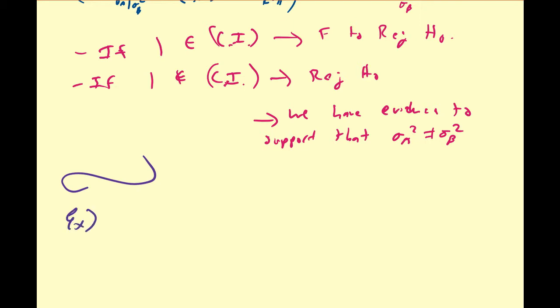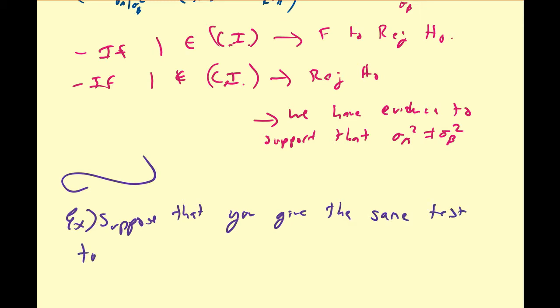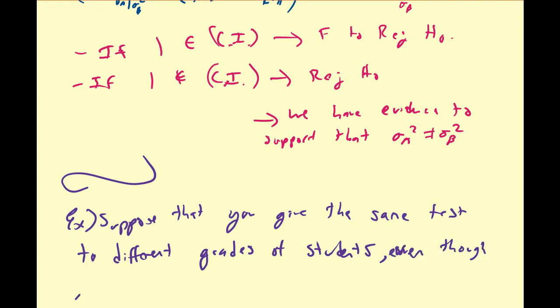So, example: suppose that you give the same test to different grades of students, even though mu A does not equal mu B by design.